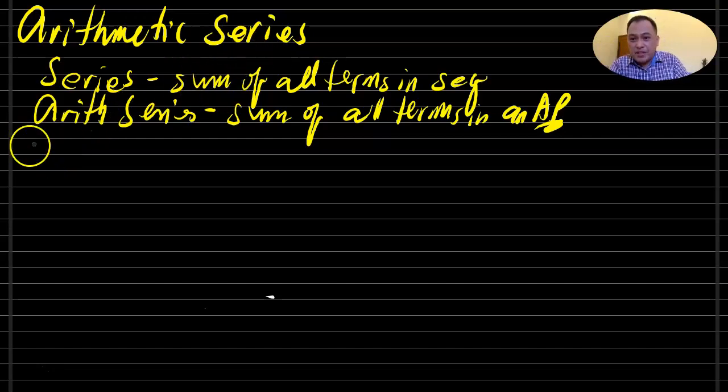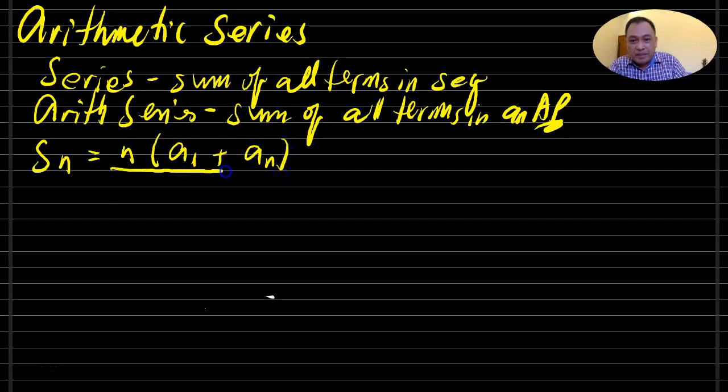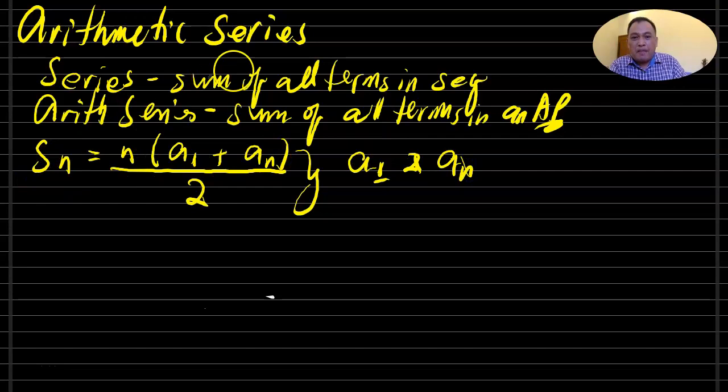Very simple. First is S of n is equal to n multiplied by the first term plus the last term, divided by 2. So you are going to use this when you are given the first term and the last term. No difference needed on that.